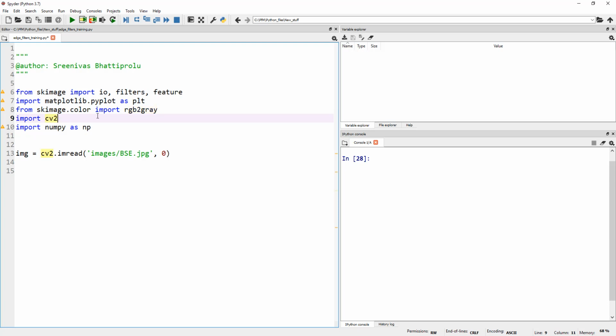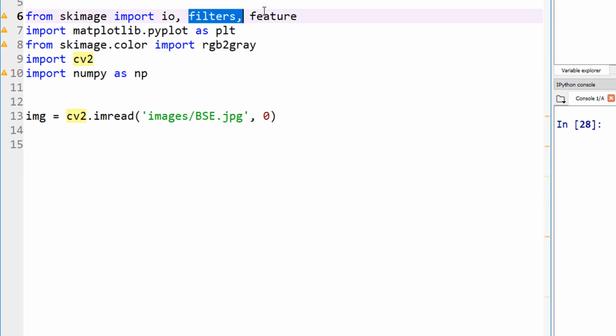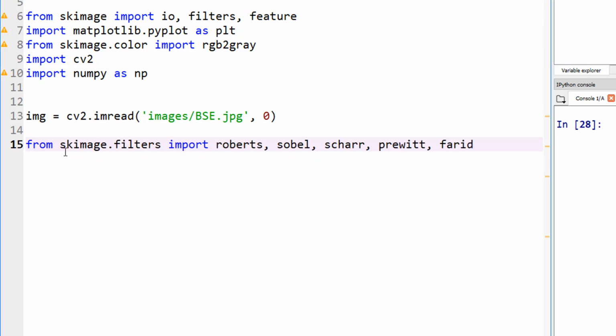I probably don't need to import filters at all, because I'm going to import the filters separately right here, since these are the ones we plan on implementing. So from skimage.filters, import Roberts, Sobel, Scharr, Prewitt, and Farid.